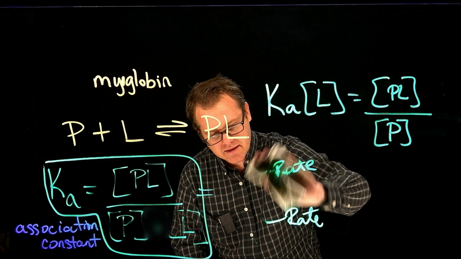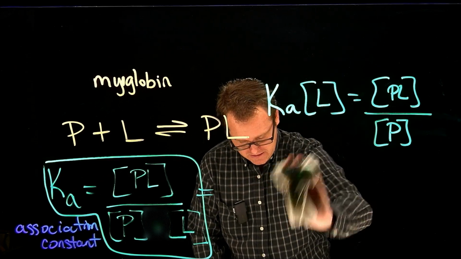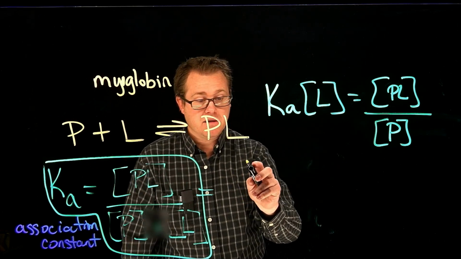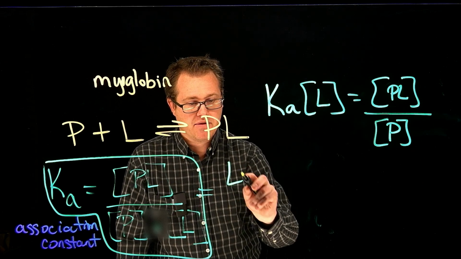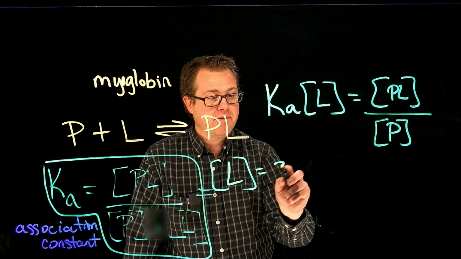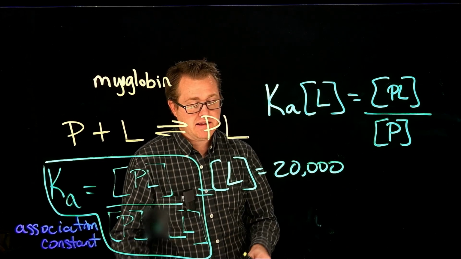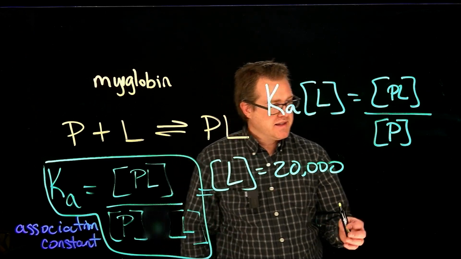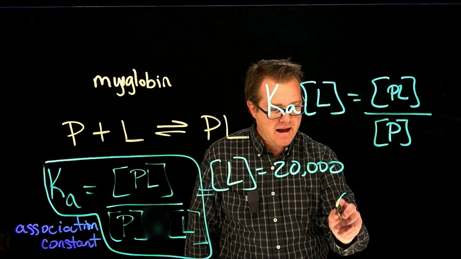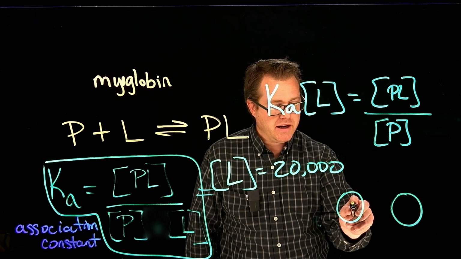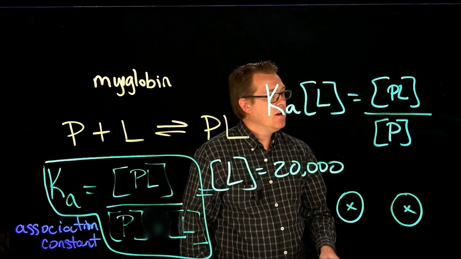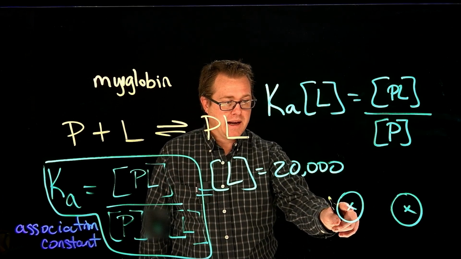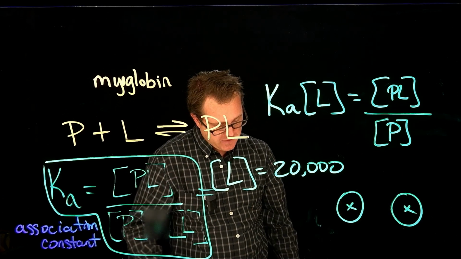Okay, so let's erase a little bit of this. I'm just using numbers here just to illustrate a point, okay? Let's say we have the ligand, and let's say we have 20,000 of them. 20,000 ligands in the cell, okay? And just to make this example drastic, let's say we have 2 proteins, and the X's right there represent the binding site. So the ligand is going to bind where that X is, okay?